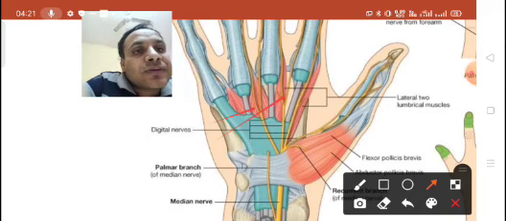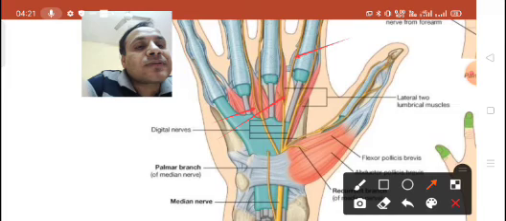Of these, one proper digital branch supplies the medial side of the index finger, and the second supplies the lateral side of the middle finger.